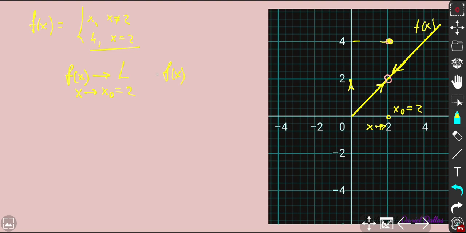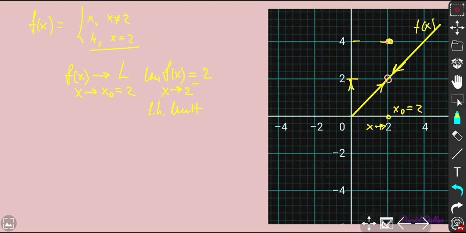So the left-hand limit, when x is very close to 2 but from values a little below 2 itself, becomes 2. We can pick values for x very close to 2 so that the function values will be close to 2.